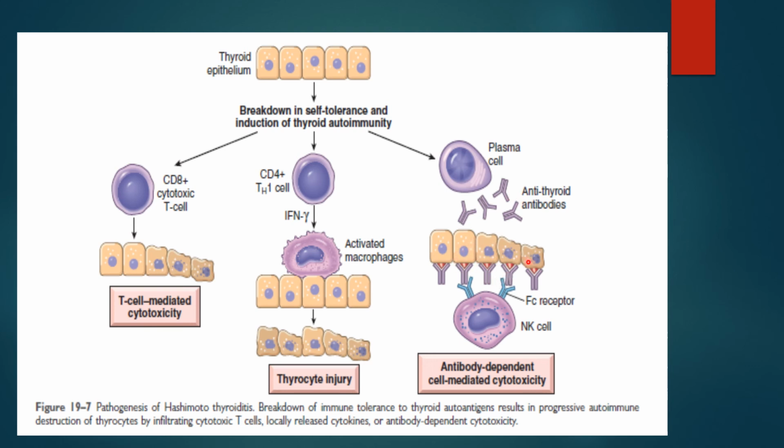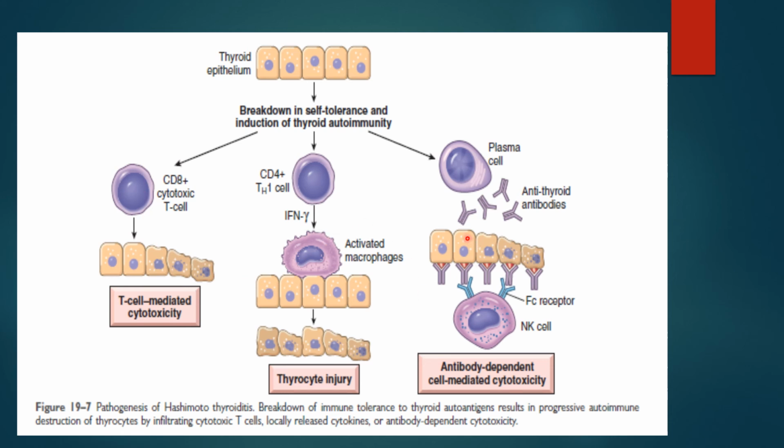These anti-thyroid antibodies, when combined with the receptors present on the thyroid follicular cells, cause the stimulation of natural killer cells, and there is a binding via Fc receptor, and antibody dependent cell mediated cytotoxicity occurs and causes the destruction of these thyroid follicular cells.